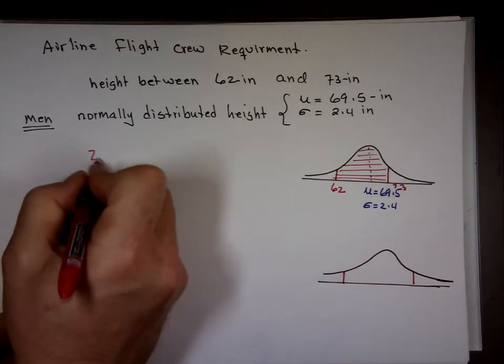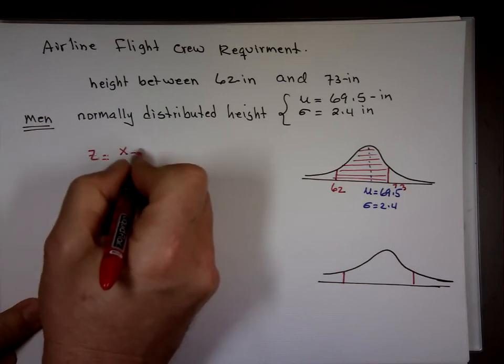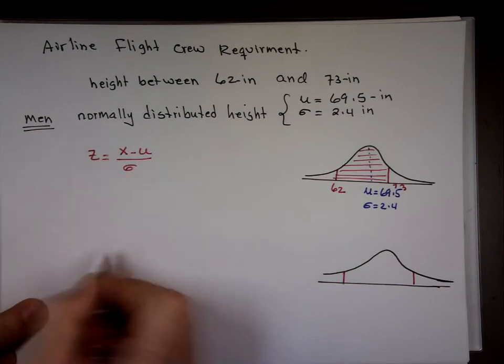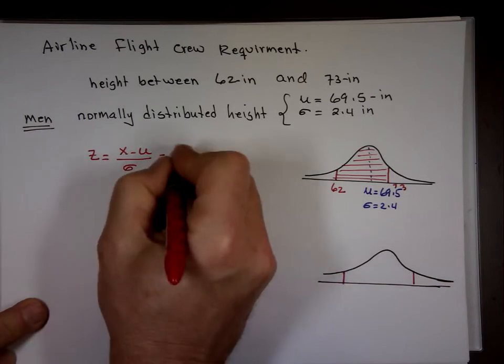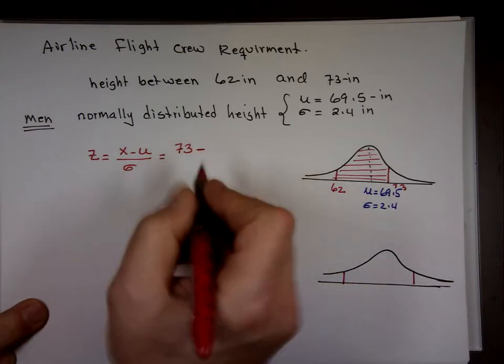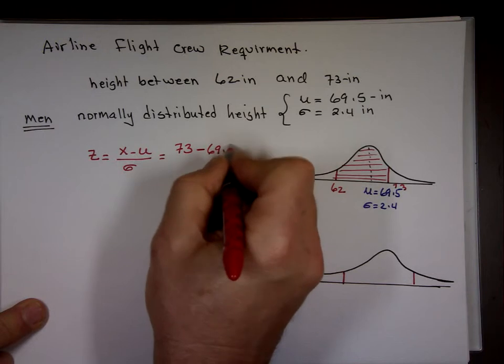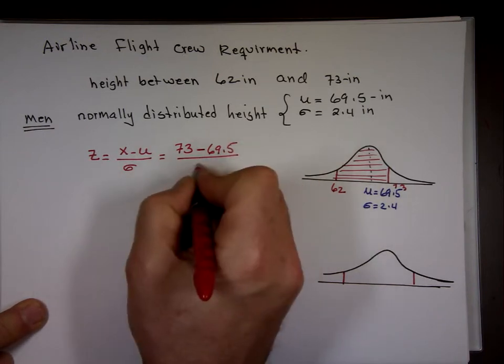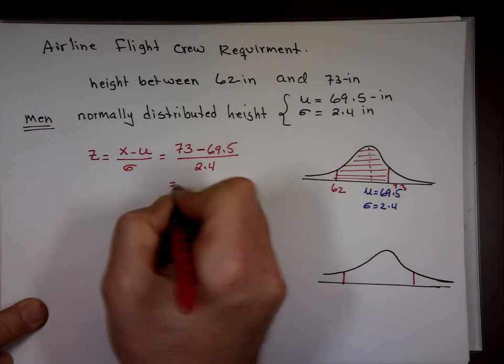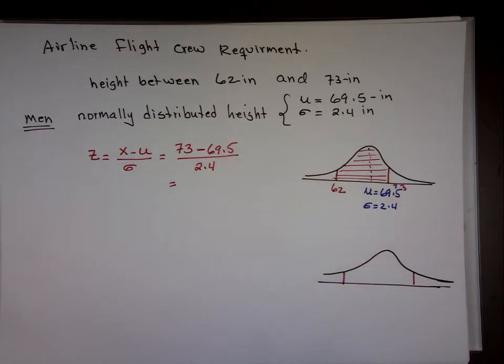So z equals x minus mu over sigma. Let's try the 73. That's 73 minus 69.5 divided by 2.4. That equals 1.458, so it has to be two decimal places, 1.46.